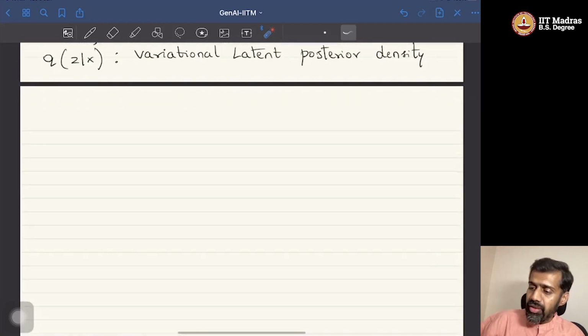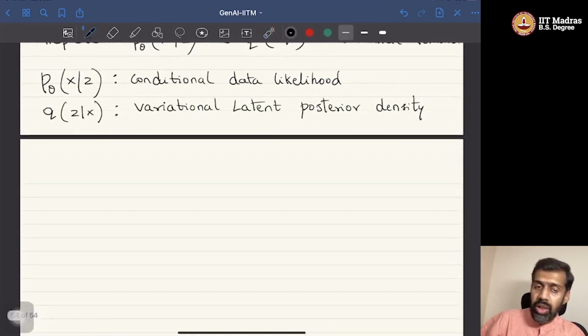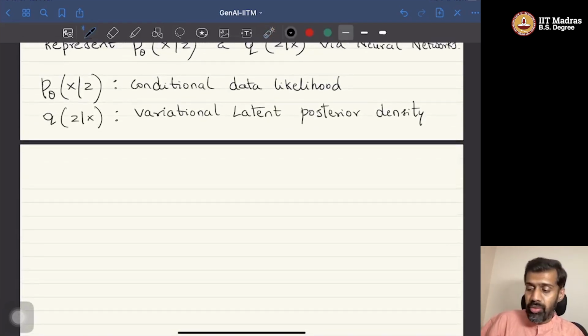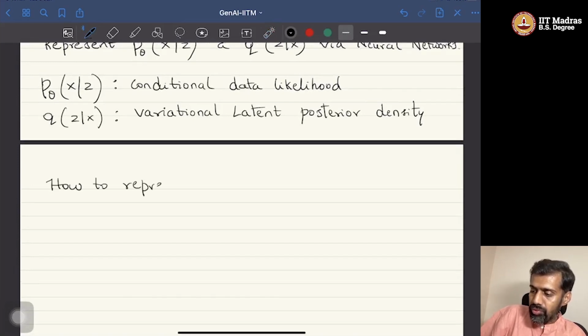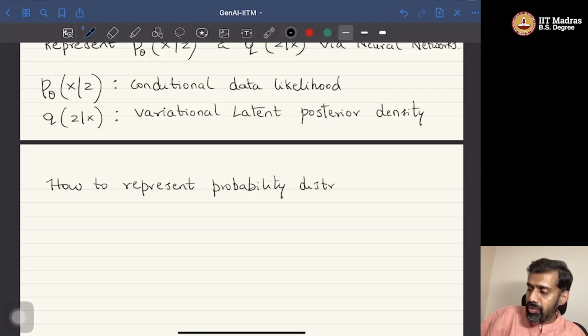Now the next question is, how does one represent probability distributions or densities via neural networks?